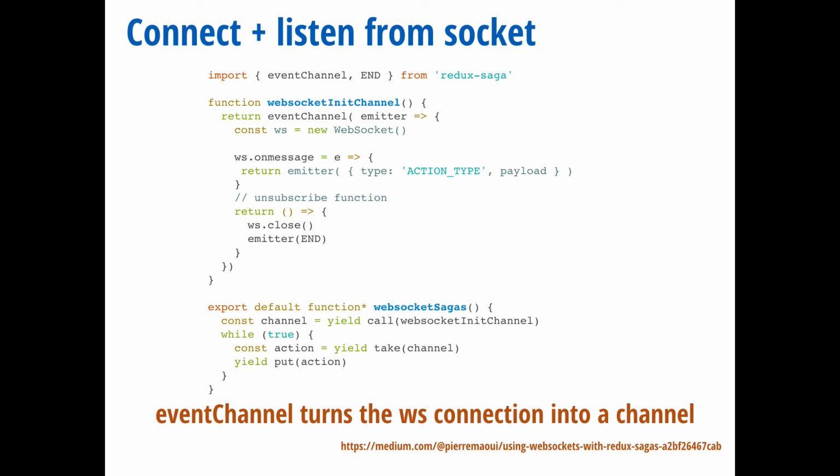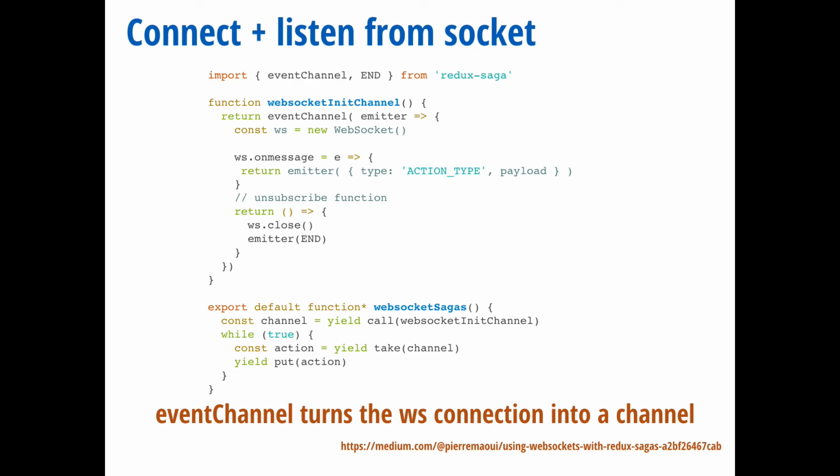Okay, then these channels have a nice sibling, let's say, which is the event channel. We can create a channel that is not listening from Redux. For instance, we have a WebSocket and we know that this WebSocket will emit events. So we can create a channel that the WebSocket will use to emit actions. We create an event channel, which is a function with a parameter emitter, and we can call this emitter to emit actions.